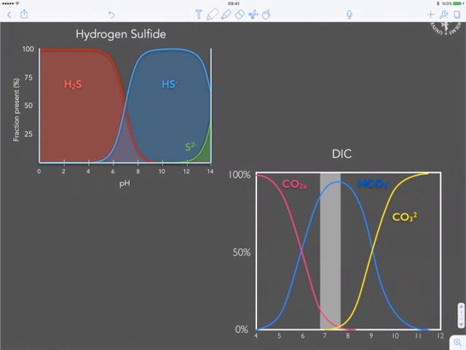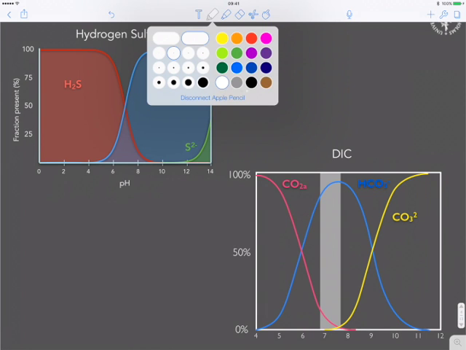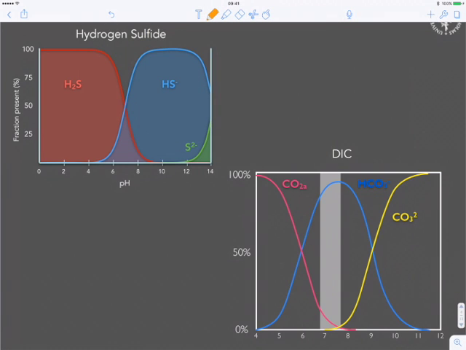Remember, this is a marine pH zone here, and this is a Bjerrum plot, and the main form of DIC at a pH around 7 to 8, which is our pH in natural environments, in our ecosystem, will be this, not this, okay?